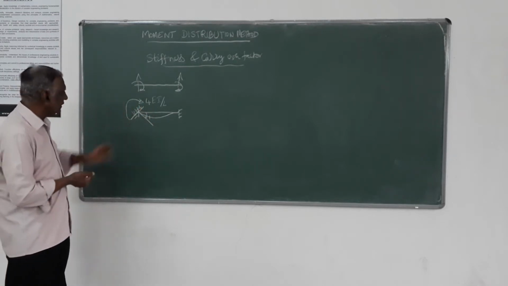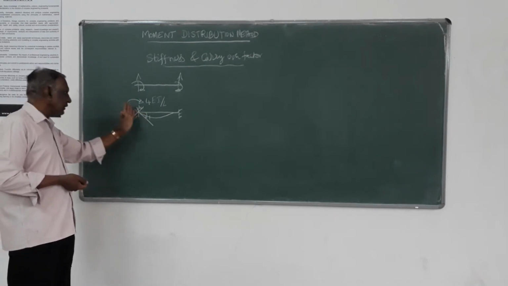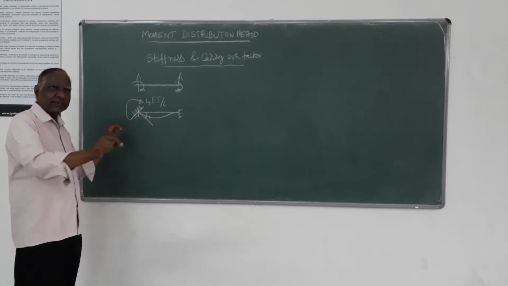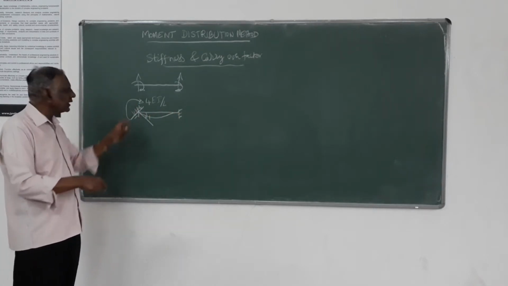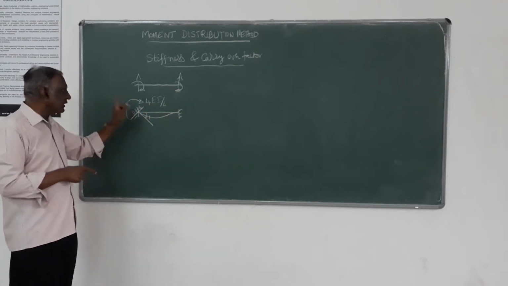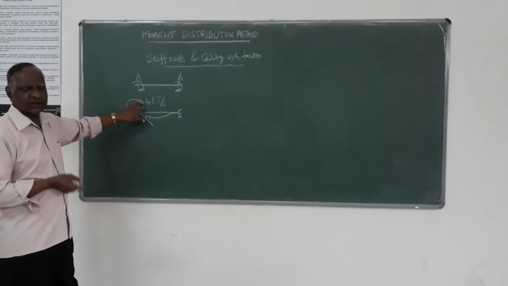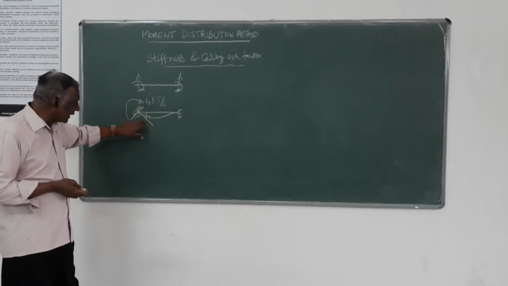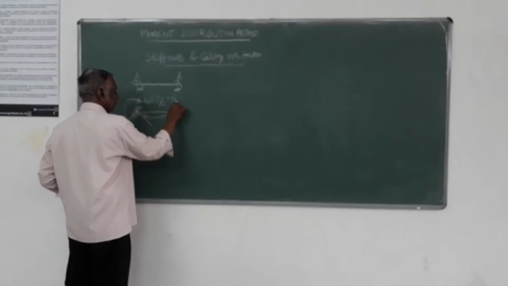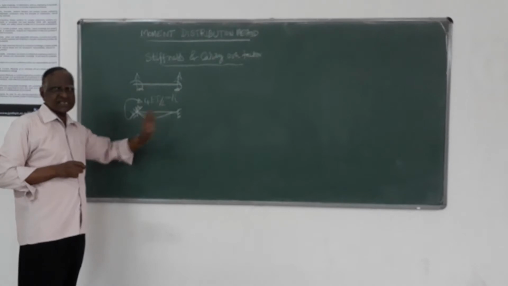Just remember the force required to give a unit rotation at either the left end or right end, because we are worried only about the displacements or forces developed at the joints of the structures. Whatever force is required to give that displacement, we call it the stiffness. The other end will be fixed.